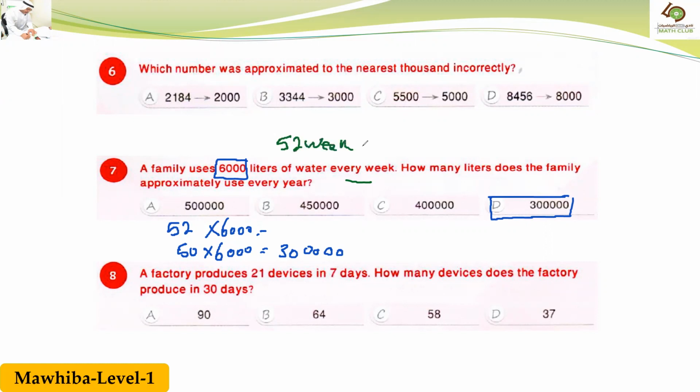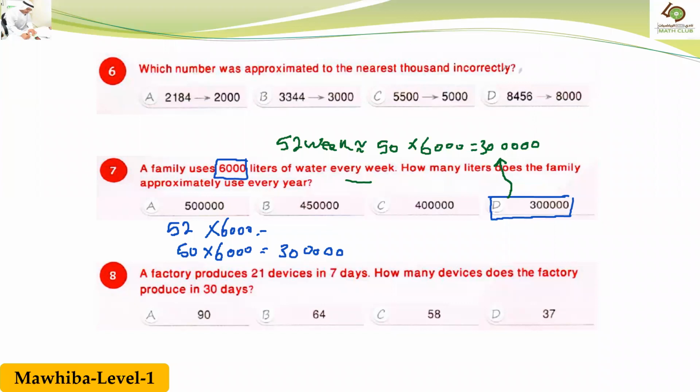So maybe you can approximate to 50. Then you multiply by 6,000 and put the same zeros. And 5 times 6 is 30. So the answer is D. Is it clear, my students? Yes. Good.